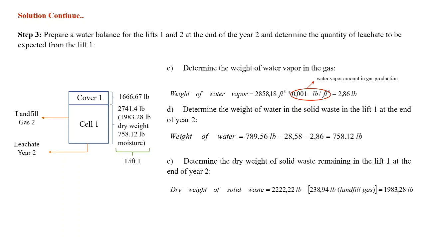Moreover, because of the gas production, the weight of dry solid waste decreases by the portion of the landfill gas. It is concluded that the dry weight of solid waste equals 1,983.3 pounds.